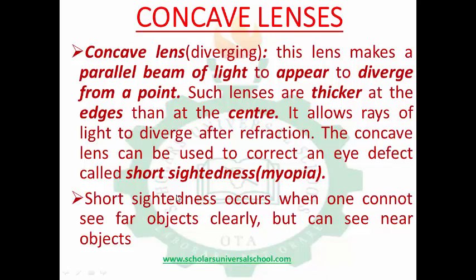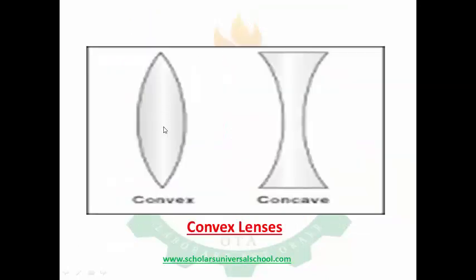This defect can be corrected using a concave lens, that is a diverging lens. Now, this is the image of the convex lens. It is thick at the middle and thin at the edges, while a concave lens is thin at the middle and thick at the edges.